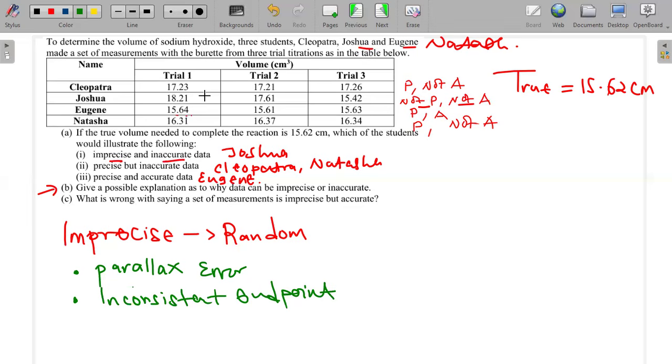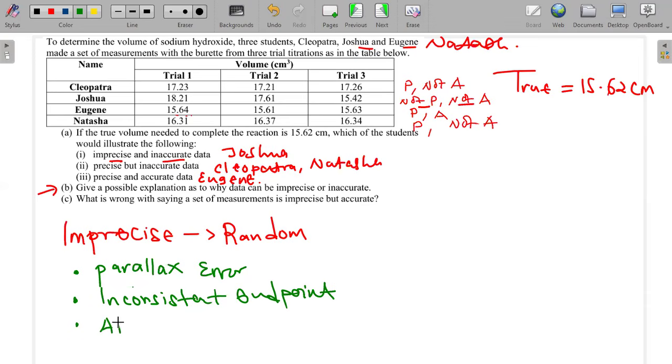So as you are adding the base to the acid or the other way around, okay, if you are inconsistent at the end point where you stop adding the one reagent to the other, okay, you're going to get inconsistent results because sometimes you'll be overshooting, meaning you've poured a lot more acid than you are supposed to, or you've poured a lot more base than you are supposed to. So being inconsistent at the end point can cause overshooting or undershooting.